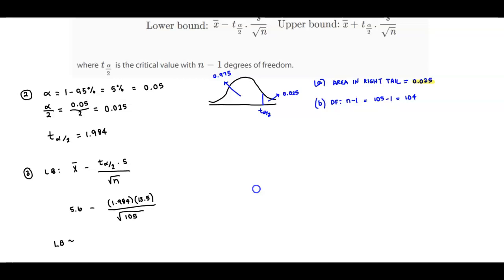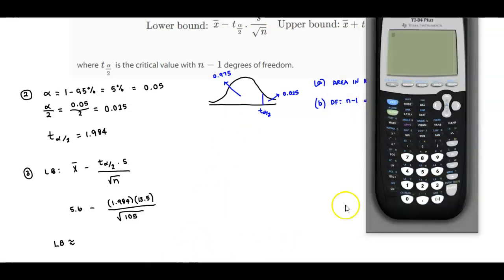Let's find the approximation of the lower bound.